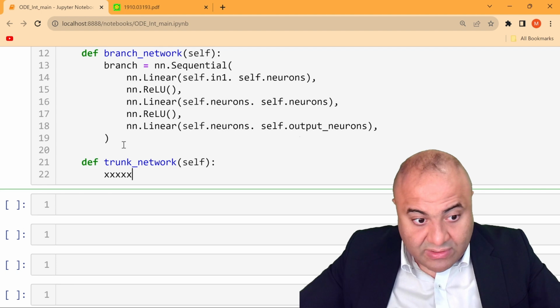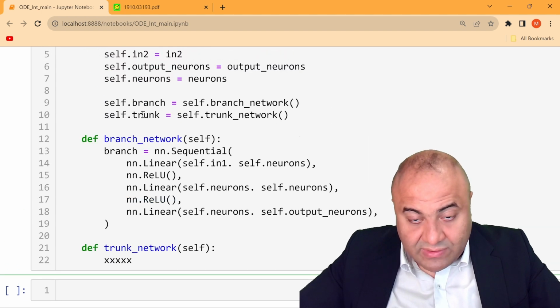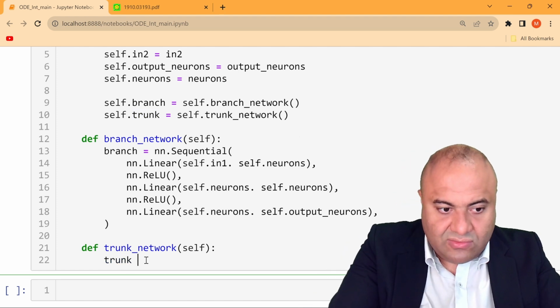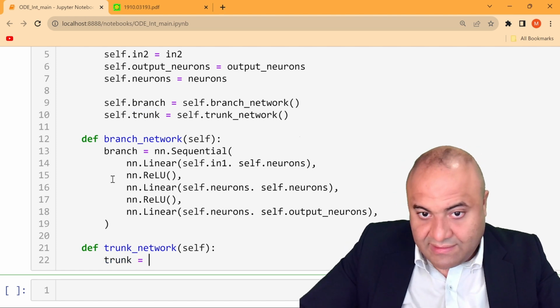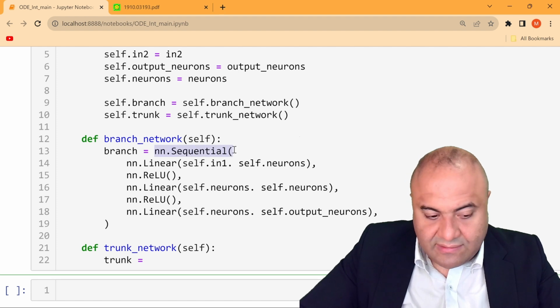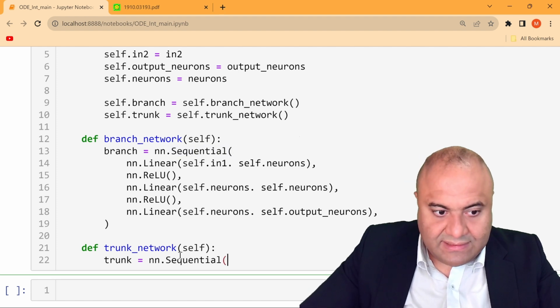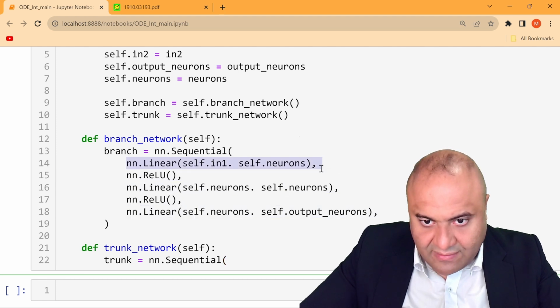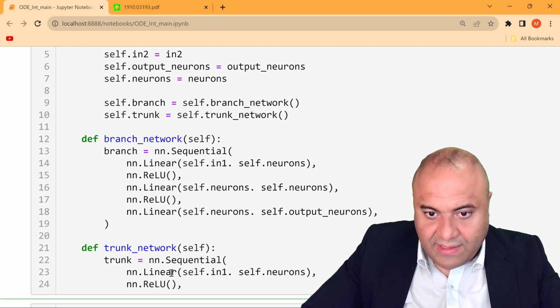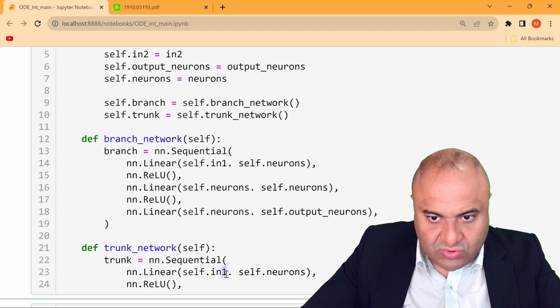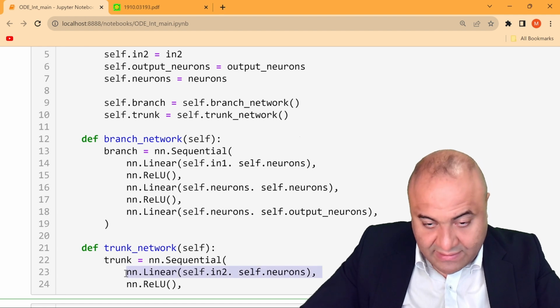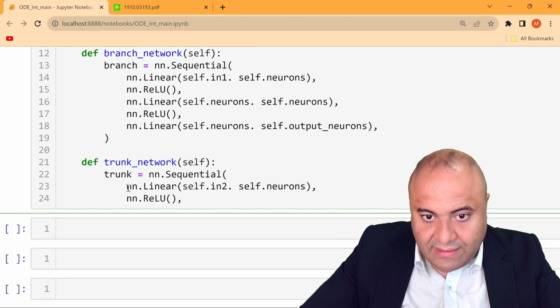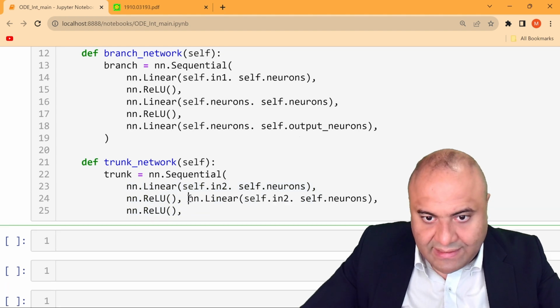The second network we need to construct is the trunk network, and we do the same thing, sequential. This time the input becomes input 2, and it will have another hidden layer, and then we will add it again.